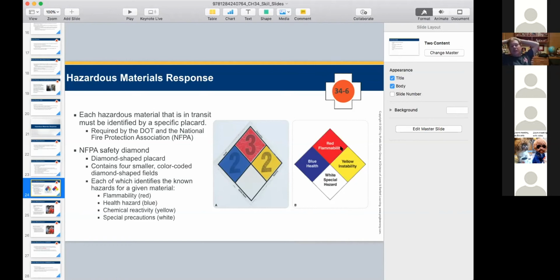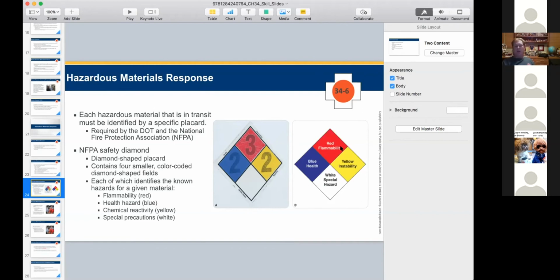And just so you know, if you see a red placard and it says 1903 on it, well, the 1903 gives you a specific of what's inside, what's flammable inside it. But because it's red, you know it's flammable, right? If you see a yellow placard on a vehicle, you don't have to know that there's magnesium in there that has an instability, or a white special hazard.